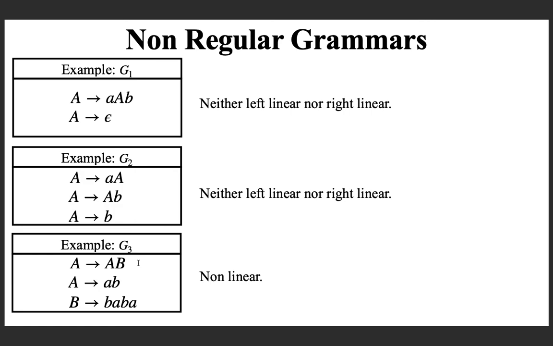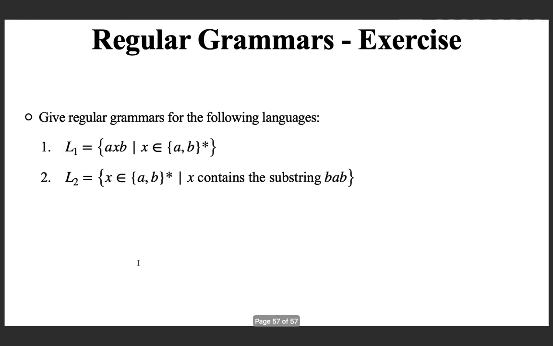With this, we are coming to the end of this lecture, and I am giving you two example languages for you to practice how you can come up with a regular grammar. For each one, try to come up with a right linear grammar or a left linear grammar. Okay, not difficult. Anyway, we will be discussing the solution in the next tutorial class.